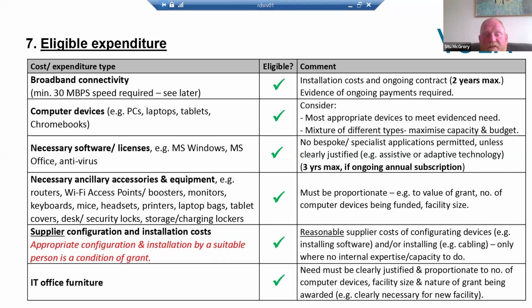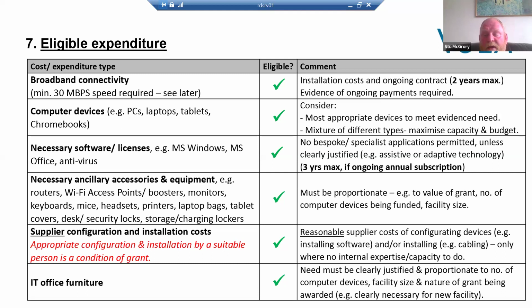And you can get a reasonable amount of furniture for your IT suite. Desks and chairs, basically. Not all sorts of ancillary things. We've had people who've applied basically to kit out a whole community centre with bins, laminators, cupboards, all sorts of things. It can't pay for those, but it can pay for the primary desks and chairs that you might need for people to use the computers.